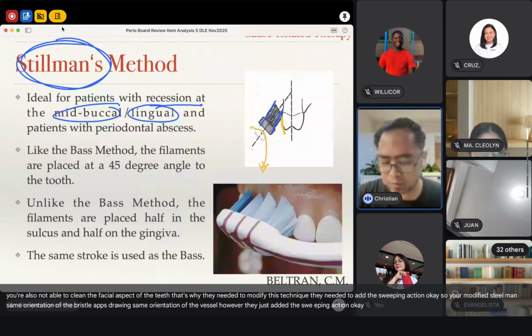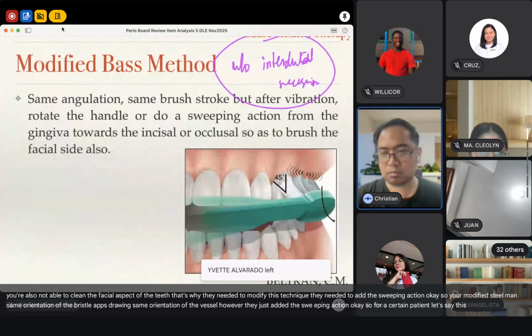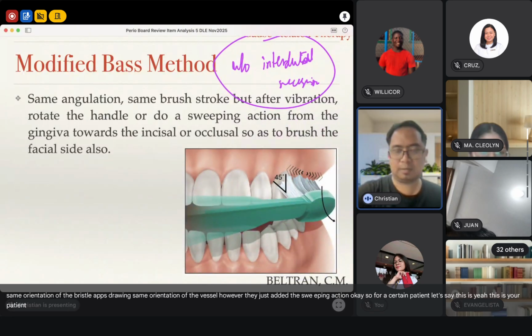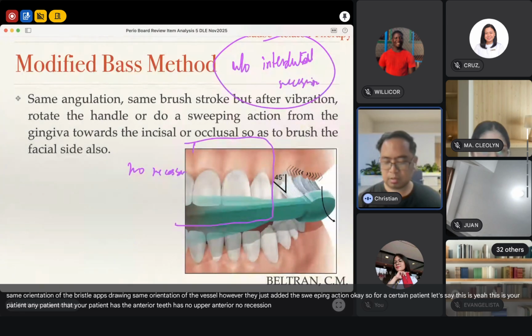Okay? So for a certain patient, let's say this is your patient. Your patient has the anterior teeth: upper anterior, no recession. Okay. Lower anterior, there's recession on the mid labial area.